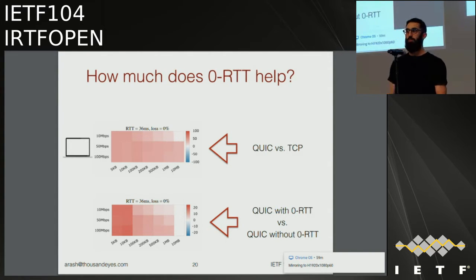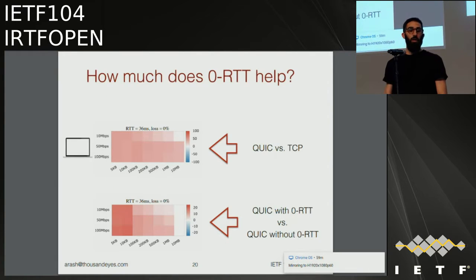When your object is big, naturally, because your transfer is longer and your connection time is a very small fraction of your transaction, it doesn't have a big effect. Which is still great, because if you think about the web, most of the time you're actually requesting very small objects. So zero RTT can help a lot in those scenarios.